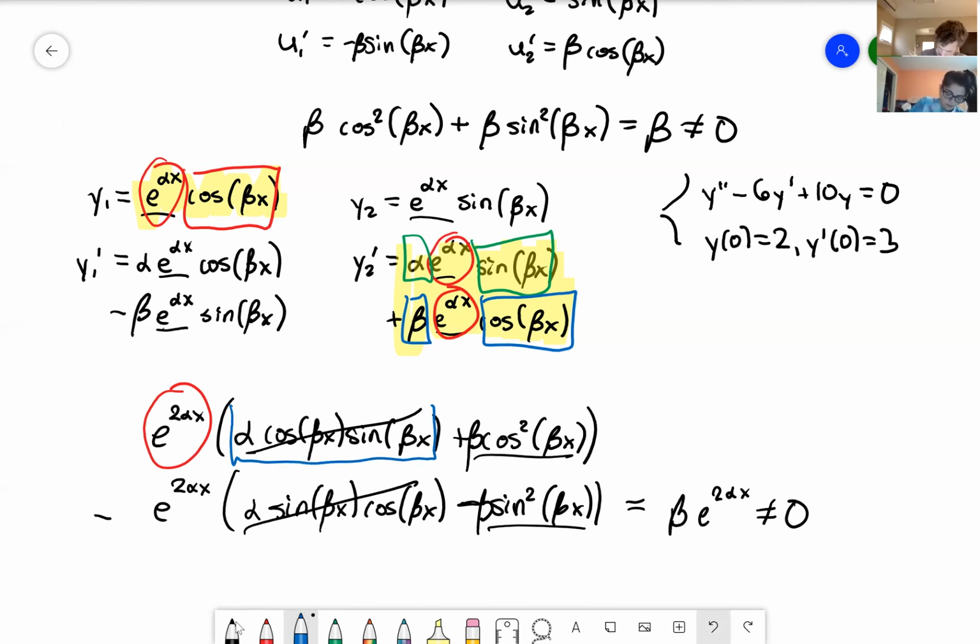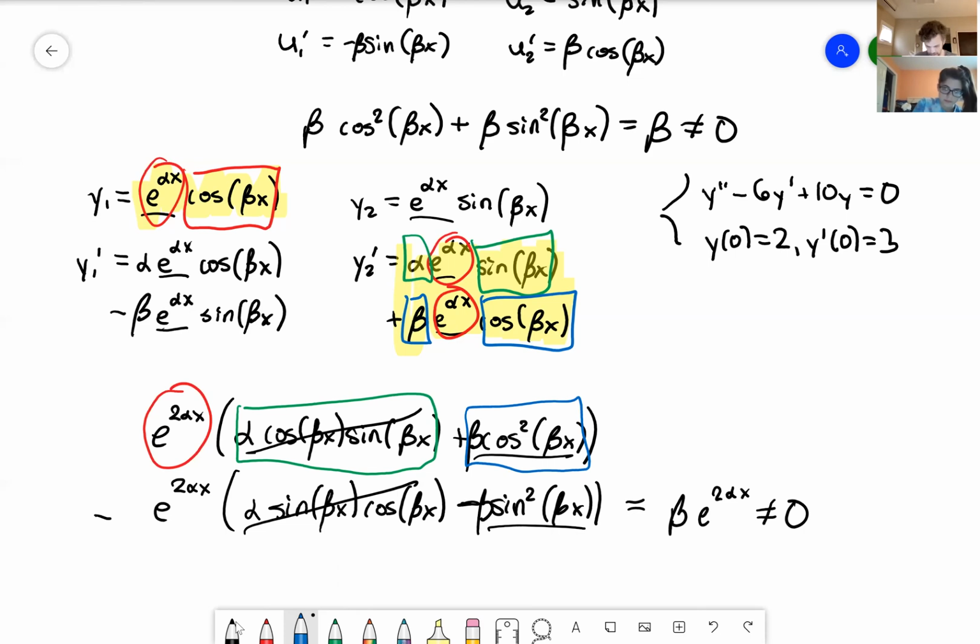That's in green. That's this part. And then we'll have cosine times beta cosine x, so that's beta cosine squared beta x. That's that part. And that gives us the first part of the Wronskian.